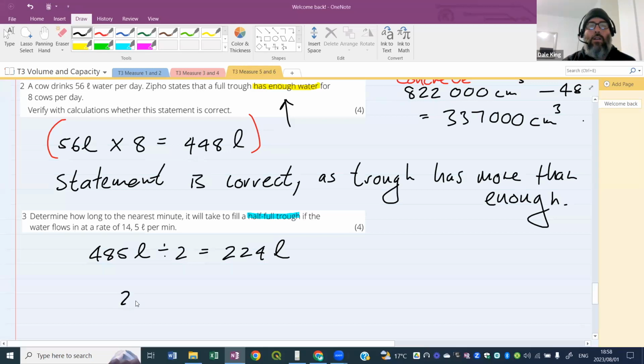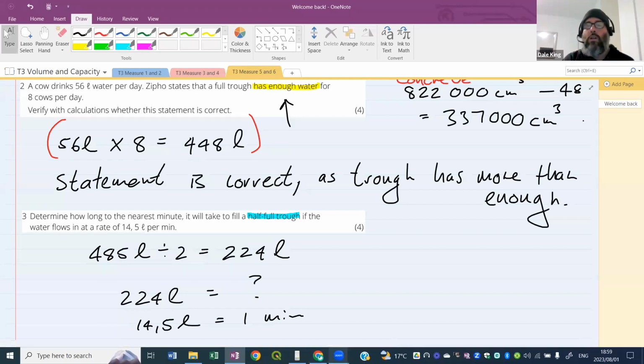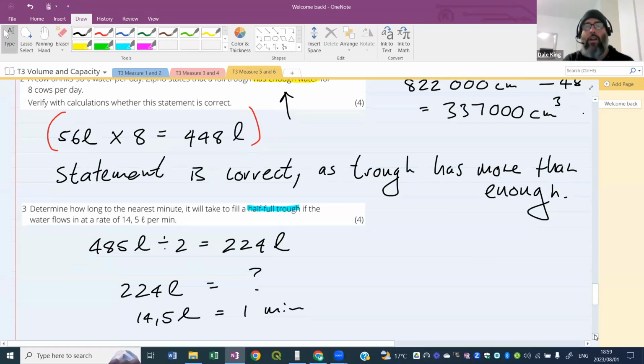You guys, like has been suggested tonight, will use a relationship like this: 14,5 liters is equal to 1 minute. Then how many minutes is 224? Absolutely fine.